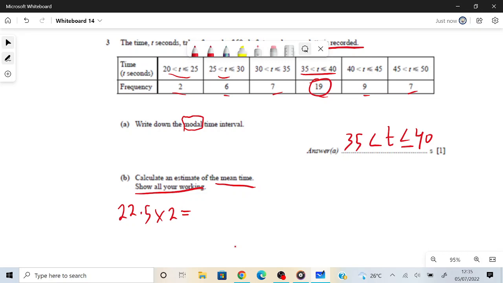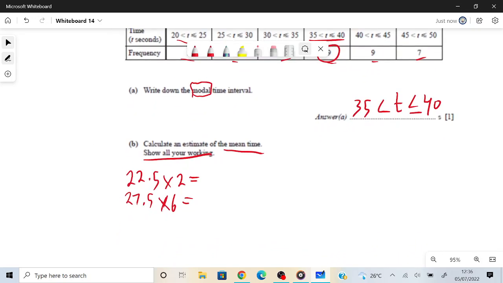Again, 22.5 I got from 20 plus 25 divided by 2. So then 25 and 30, mid value is 27.5, and times it by 6, because that's the corresponding frequency. And I got 27.5 because 25 plus 30 is 55, and then divided by 2 you would get 27.5.